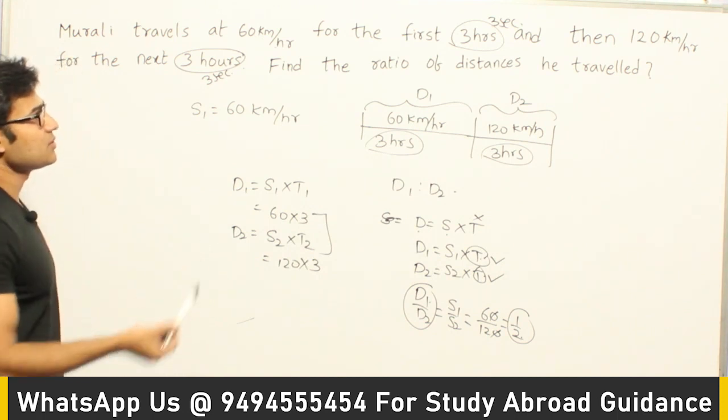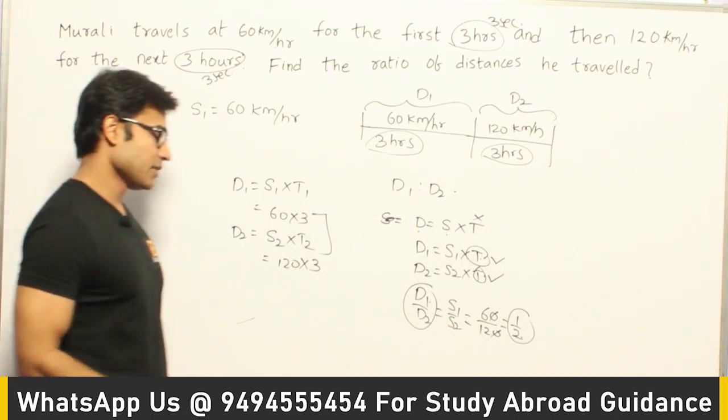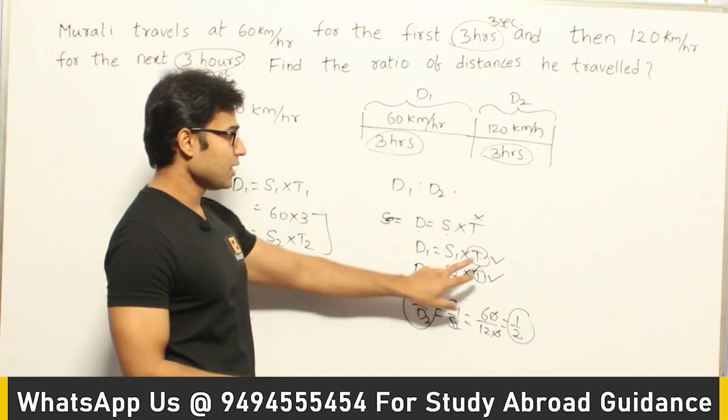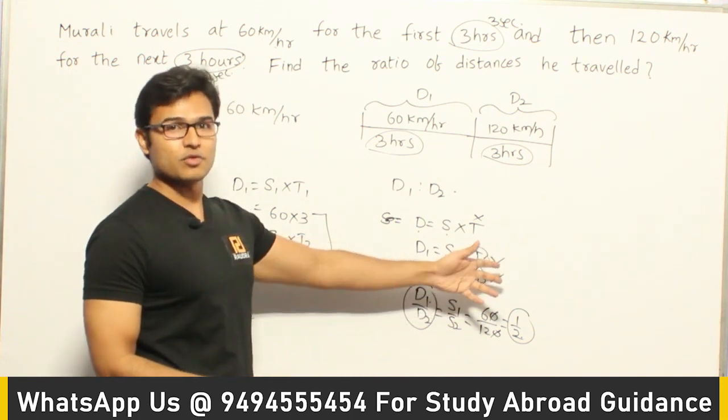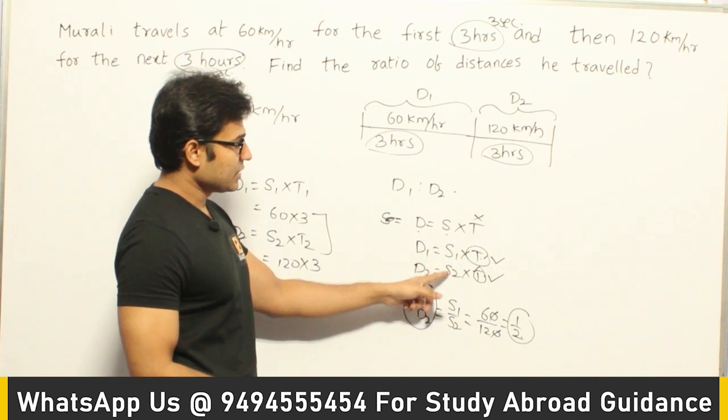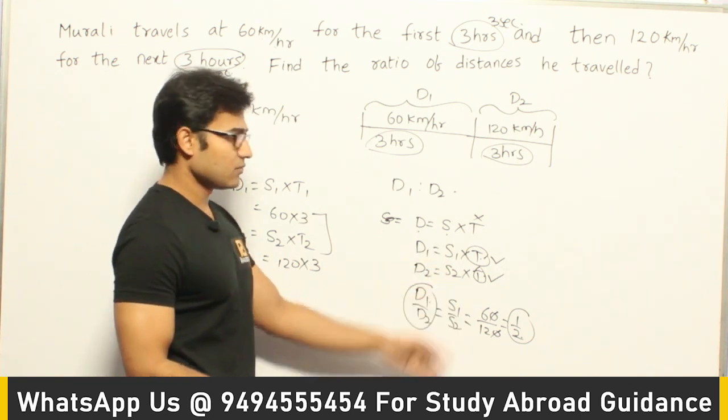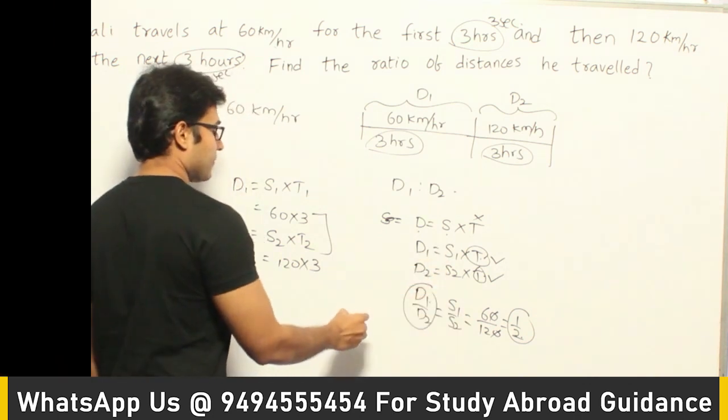That is why noticing that time is constant sometimes saves time, because you will not be worried about the units of time anymore. You can notice that the speeds have the same units and directly find the ratio. Got it? Okay.